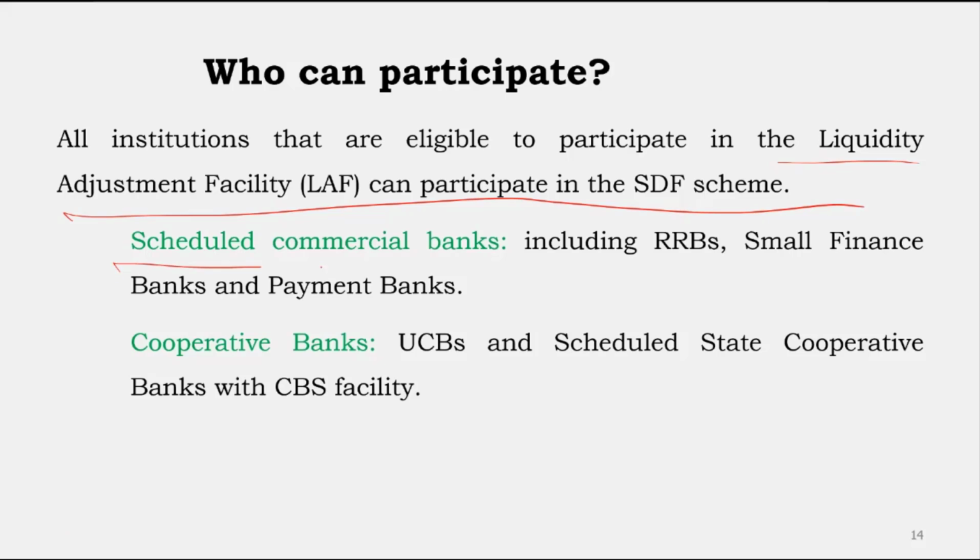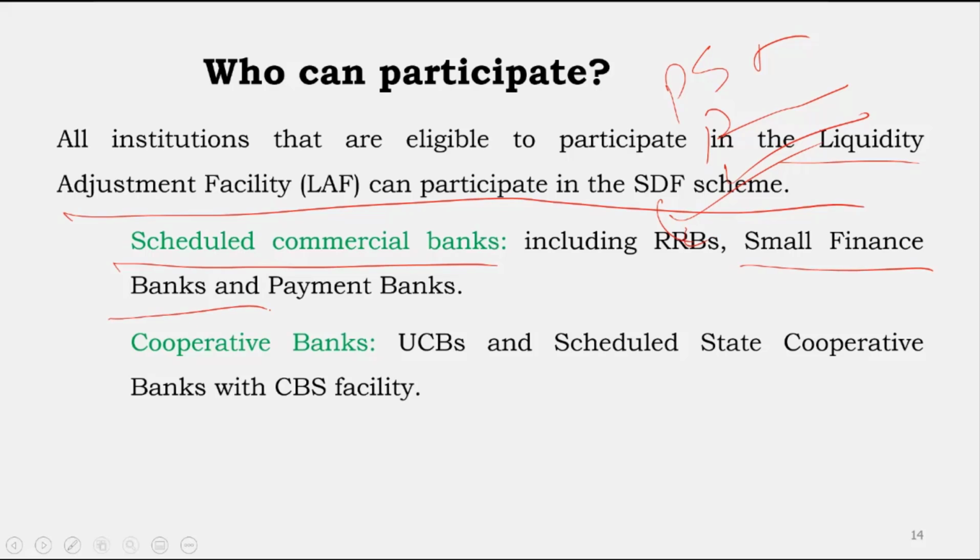The first is the scheduled commercial banks, including the regional rural banks: the public sector banks, the private sector banks, the foreign banks, plus the regional rural banks and the small finance banks. Many small finance banks are scheduled commercial banks, and similarly several payment banks also obtained scheduled commercial bank status, so they can avail the LAF. Similarly, they can avail the SDF scheme as well.